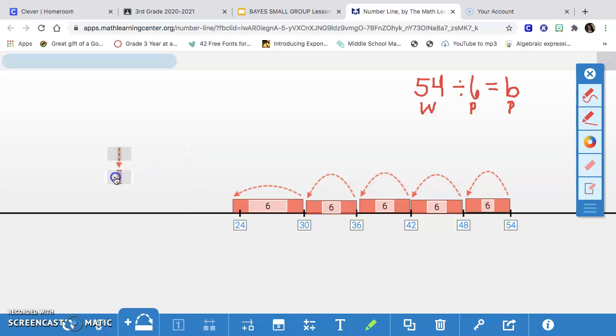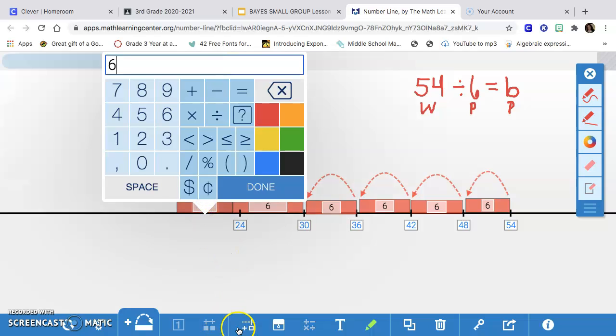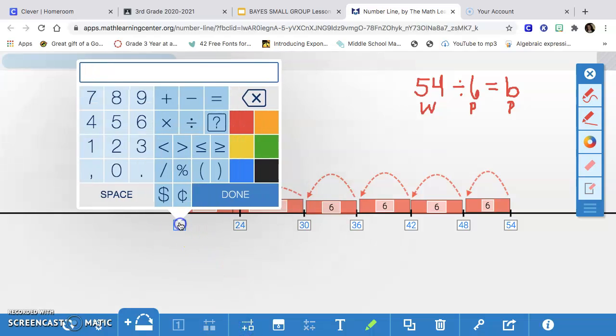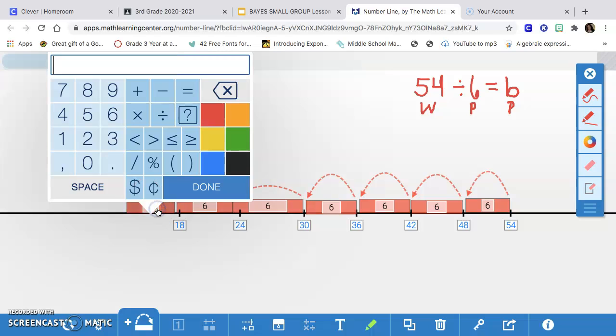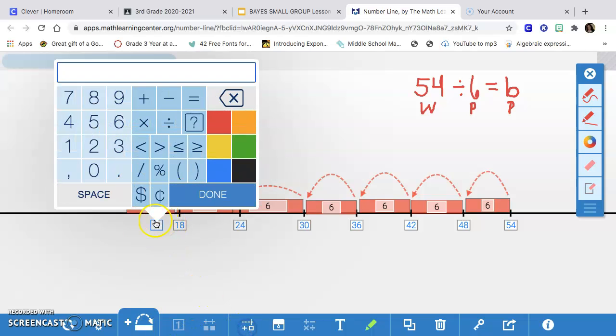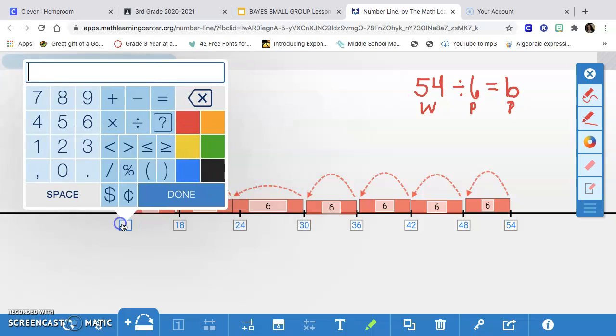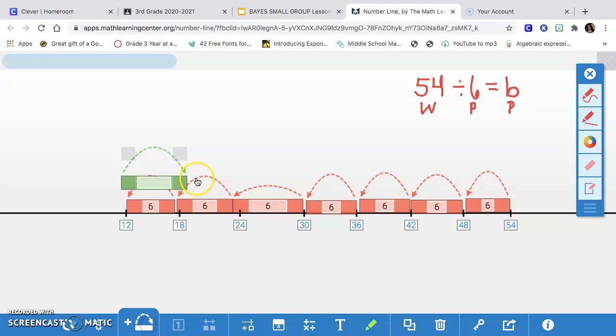Hop again. 24 minus 6 is going to be 18. Hop again. Hopefully I've got enough room for all of these. I have to scoot them over, but hopefully I will before we get finished. Minus 6 again is going to give us 12. And then we're going to minus 6 again.